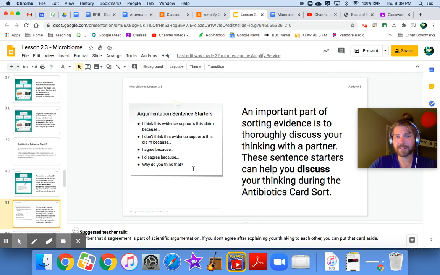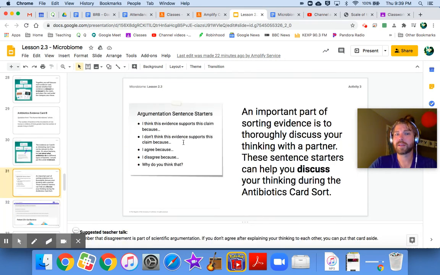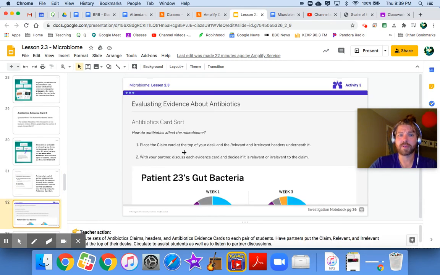So these are some sentence starters you can use. Again, you don't have a partner, but you could use these in thinking about whether the cards are relevant or irrelevant. So please go look at all those cards right now. If you print them out, you can put an R or an I on each card to say whether it's relevant or irrelevant.